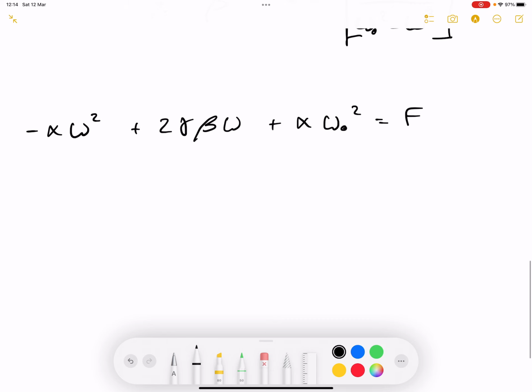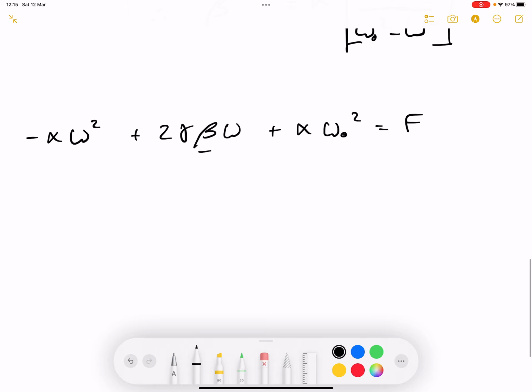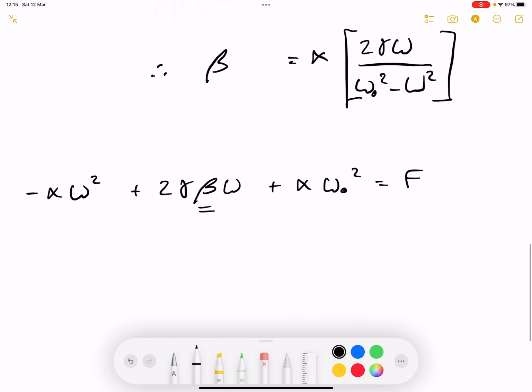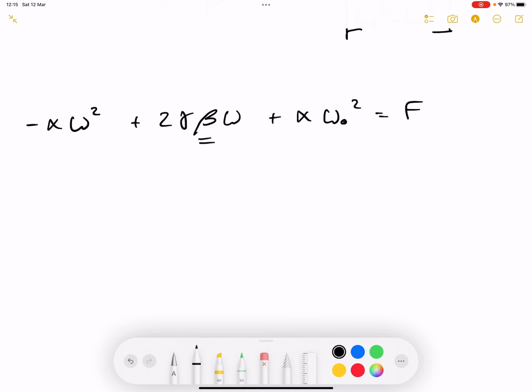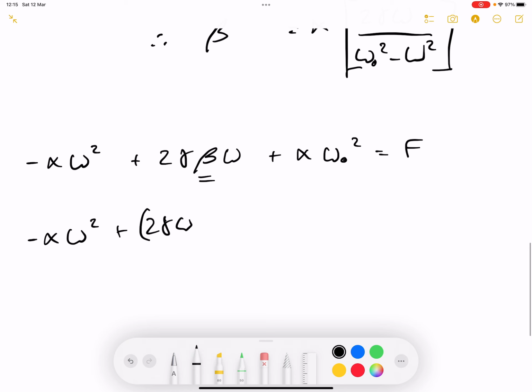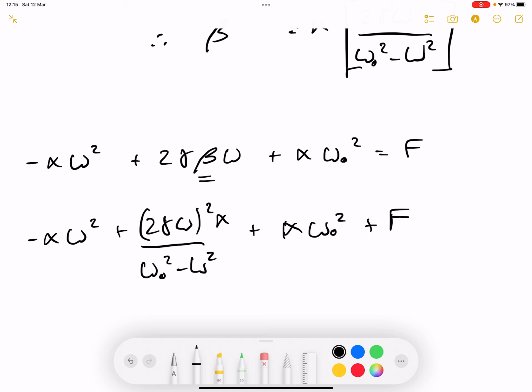Okay? Now we've just got to remember that this beta here we can substitute from what we just learnt. So we're going to get, oh look, we're going to have some squared terms in there. That's very nice. Minus alpha omega squared plus 2 gamma omega, I think that's going to be squared, alpha over omega naught squared minus omega squared plus alpha omega naught squared equals f.